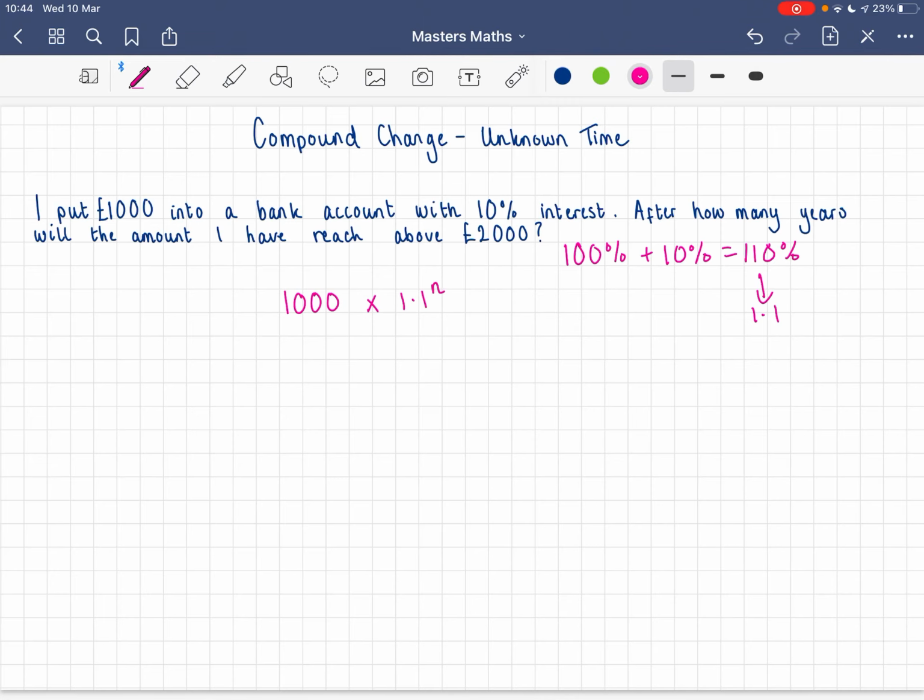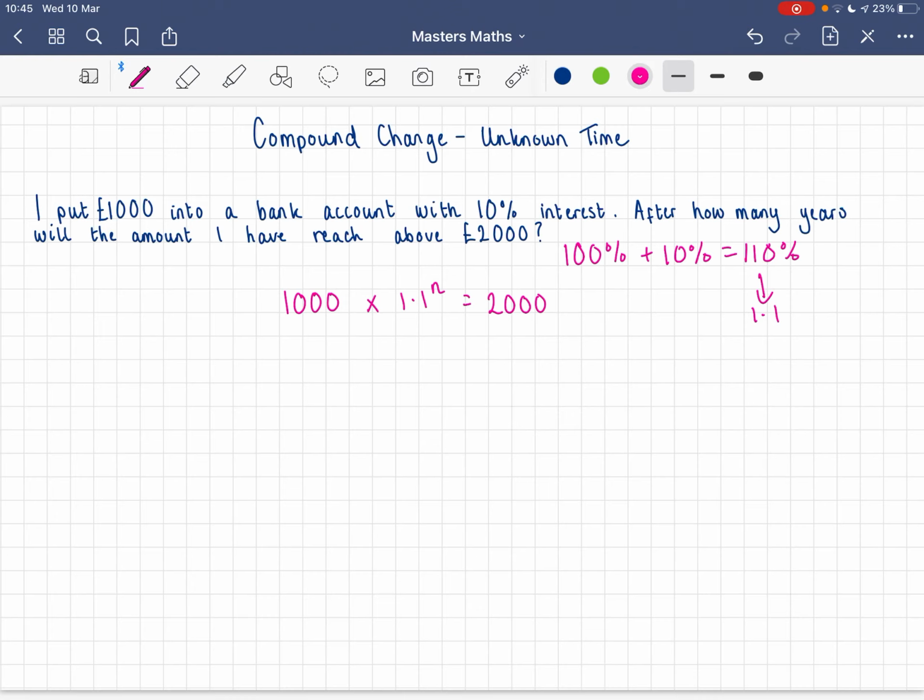So I'm going to call that n, and I want it to be equal to 2,000. It might not give me 2,000 exactly because we're saying how many years will it reach above 2,000. We probably are not going to get 2,000 exactly, and you'll see what I mean as we go through the rest of the questions.